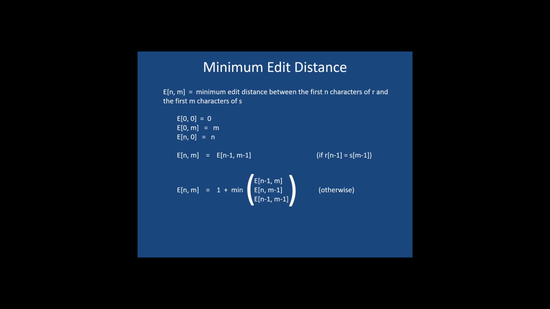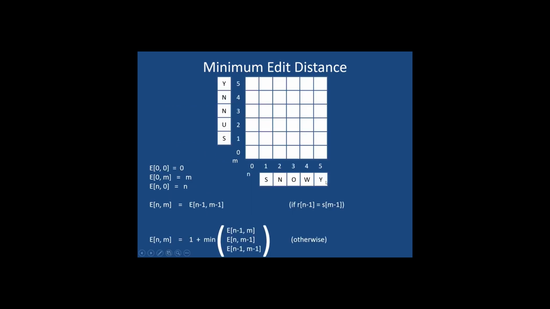Or you could take a cue from my array notation here, and think of the problem this way. You could think of this notation as directions for filling in that array.